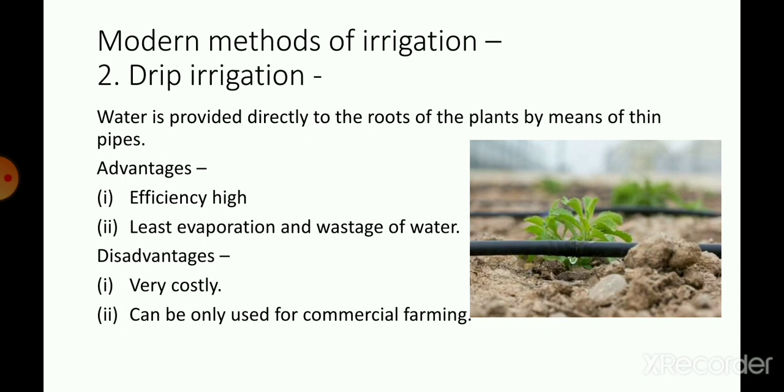Water is provided directly to the roots of the plants by means of thin pipes. Advantages of drip irrigation. Efficiency high. Least evaporation and wastage of water. And disadvantages of drip irrigation. Very costly. Can be only used for commercial farming.